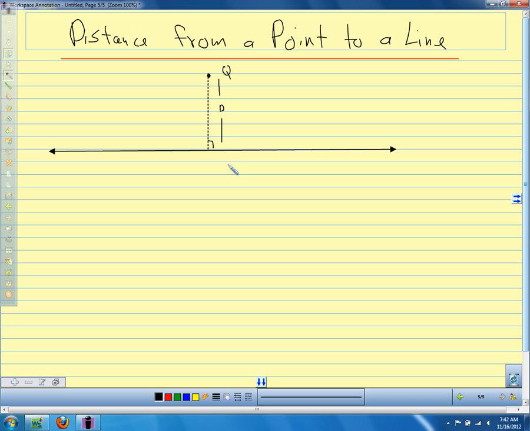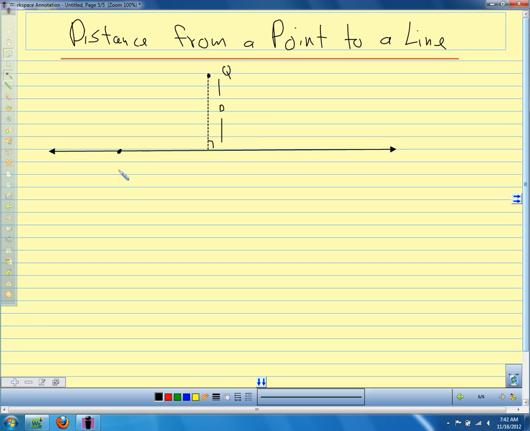Anybody have an idea of how we might do this? What we might want to do, thinking about what we've been working on in the last couple of days. It has something to do with a vector in Q. So let me do something else.